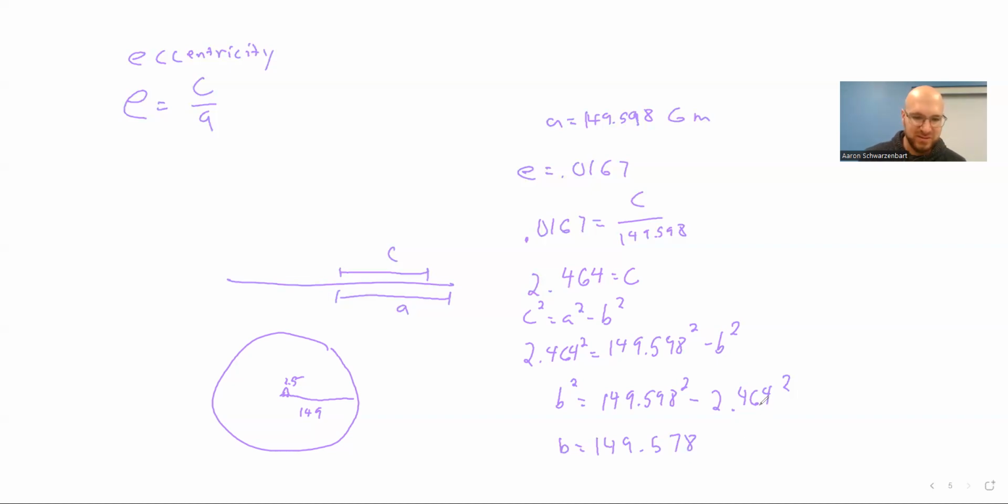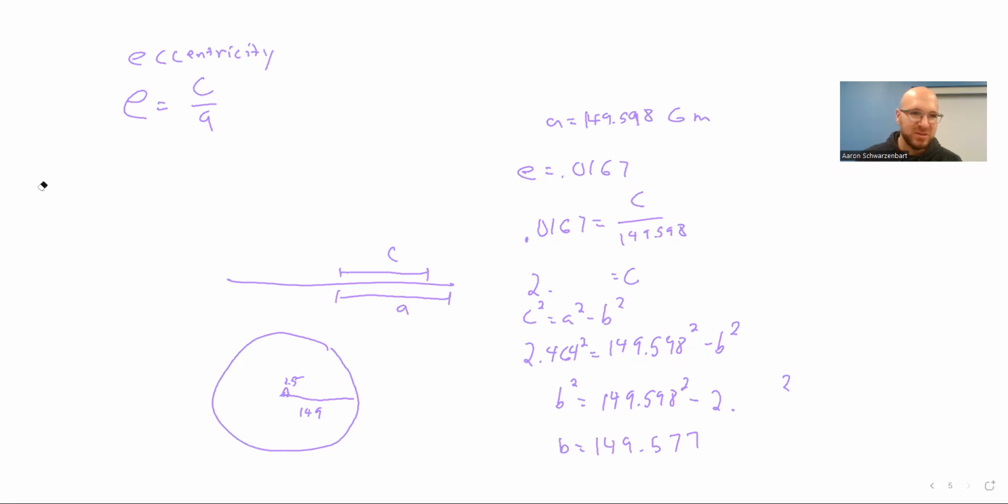Somehow I have A wrong. Oh, I'm slightly off. I have a typo on A. So it's actually 577. I did a typo when I put it in my calculator.